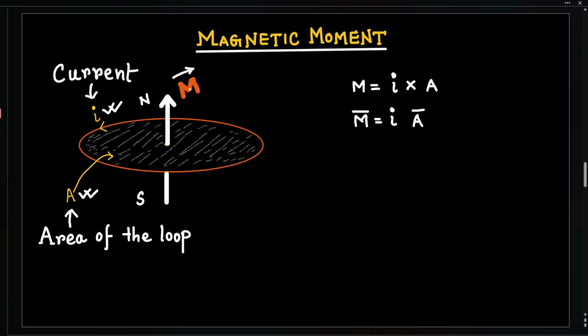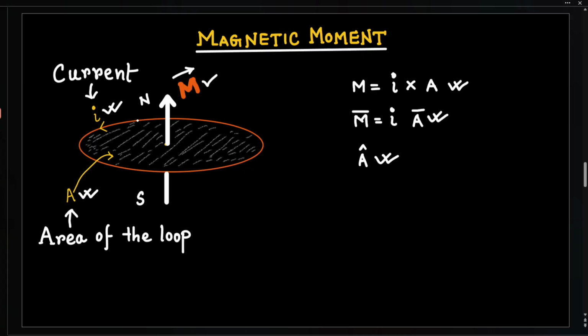So in this case, if you want to find the direction of the magnetic moment vector M, and we know that the magnetic moment vector M and the area vector are in the same direction, so finding the unit area vector will give the direction of the magnetic moment. So M is equal to I into A, this is the magnitude of the magnetic moment, and this is the unit vector of the area vector, that is the same as the direction of the magnetic moment vector.